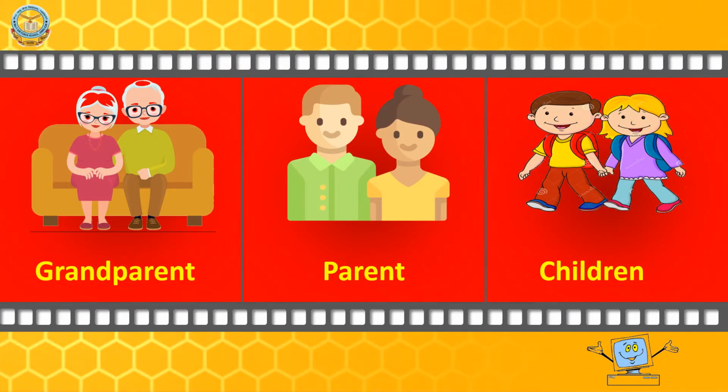Children, isn't it interesting to know that, as human beings, your computer also has generations? We all have different generations of people in our family: grandparent, parent and children. Similarly, your computer is also classified into different generations.